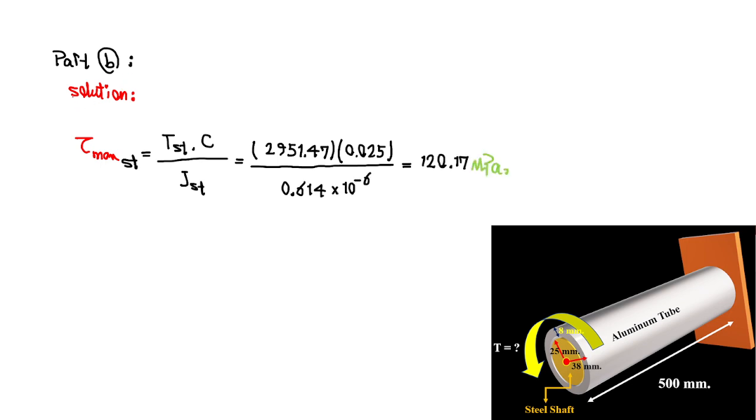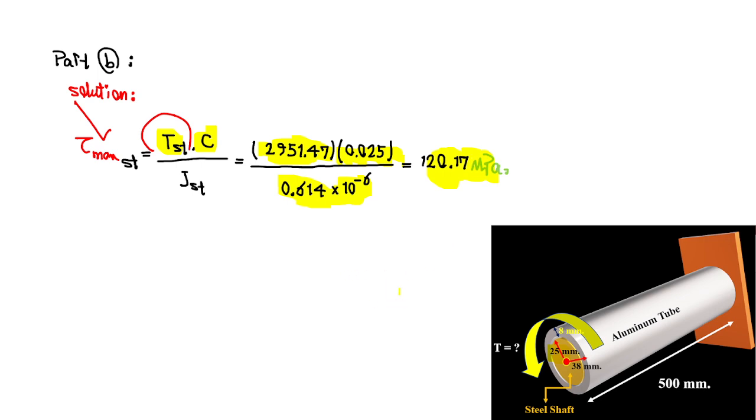And for part B, if you replace T steel in the function of tau, or shear stress, it gives us T steel, which is 2951 over c, which is the radius of steel, 25 millimeters, over J, which is this numeric value, and it gives you 120 megapascals.